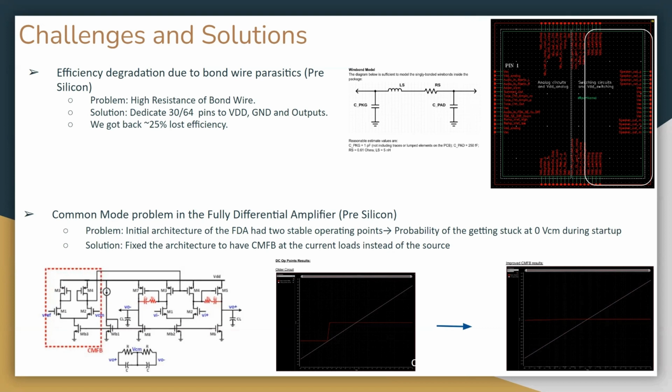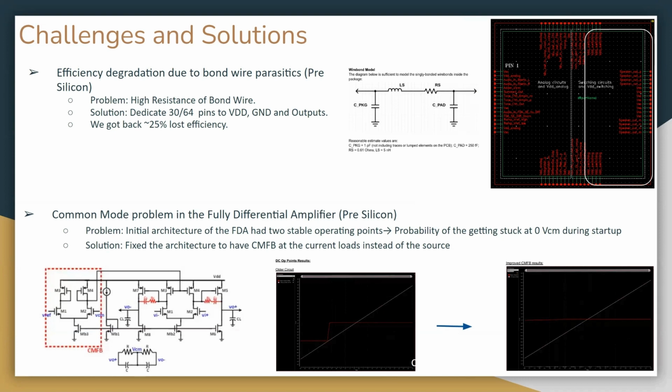Hence the bond wire parasitics started to dominate, and we lost about 25% of our efficiency. The solution to this was to dedicate multiple pins to this output switching driver path, so that multiple bond wires come in parallel and we get lower and lower conduction losses. By employing this methodology, we were able to get back around 25% of our lost efficiency.